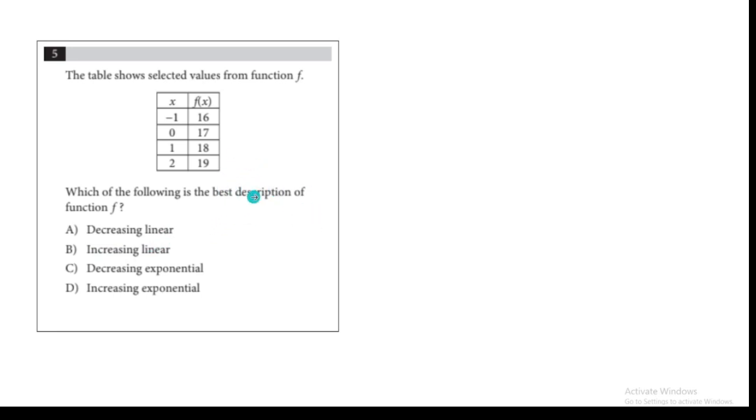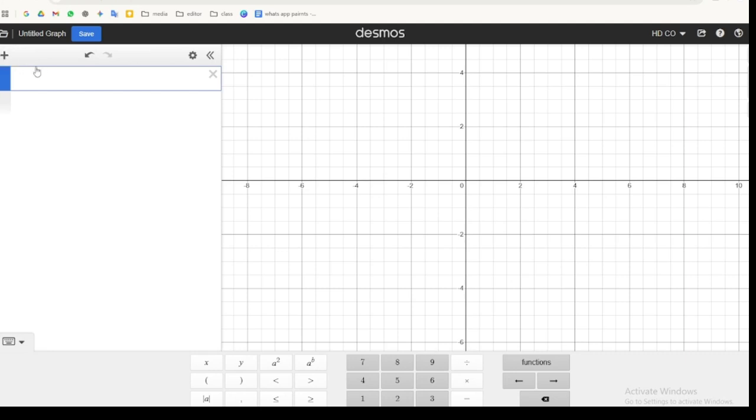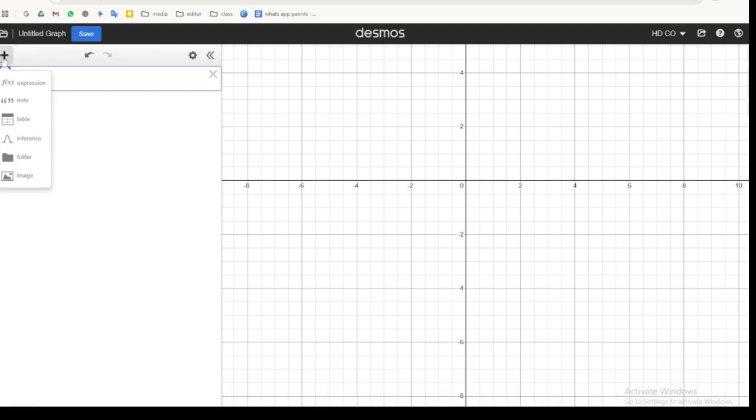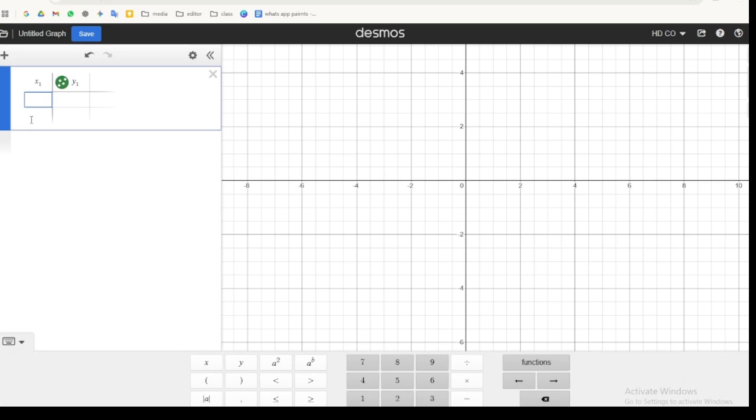We solved this, but I also want you to know how to enter a table in the Desmos calculator. We will add a table from here and insert our data.